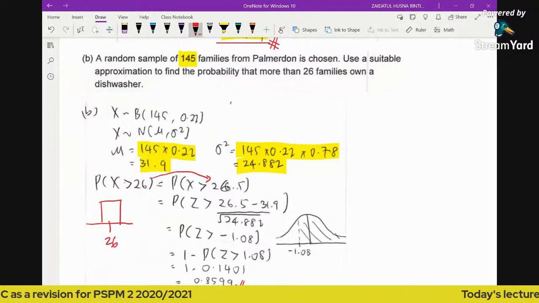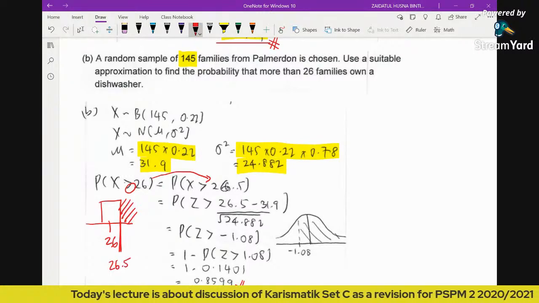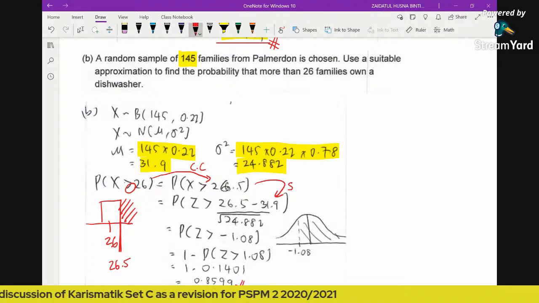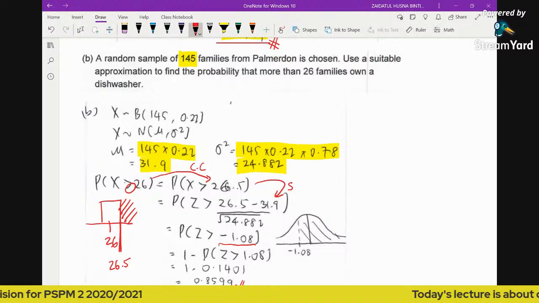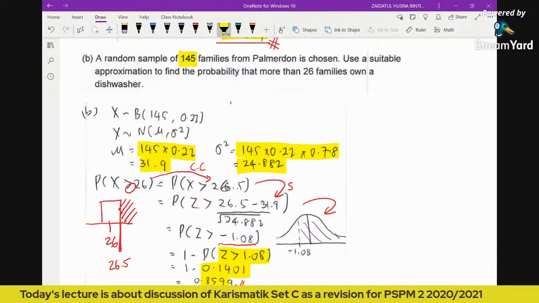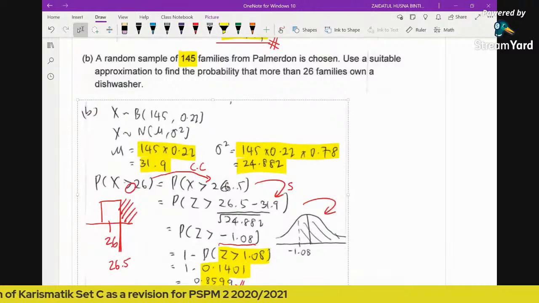The 26 is here, you want it to be greater than 26, but 26 is not included, so it will begin from 26.5. This process is called continuity correction, and then we do standardization and you get the z-score. You still cannot read the table, so you rotate the bell-shaped curve here, and then from here you can read this table. This is the standard normal table.